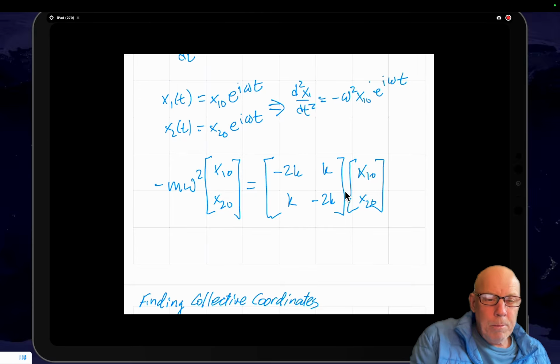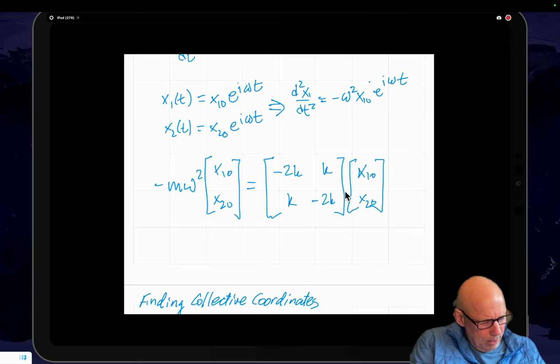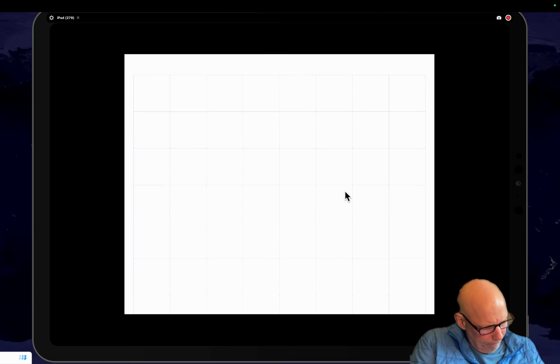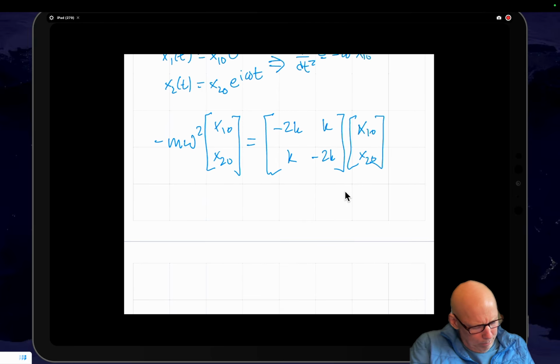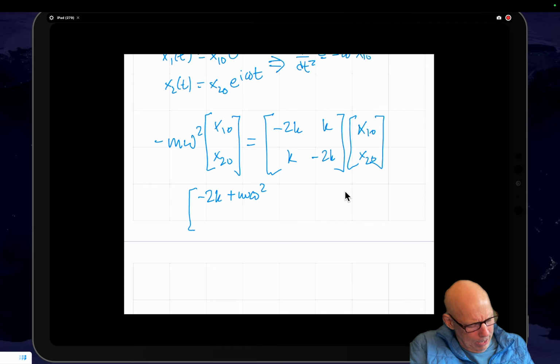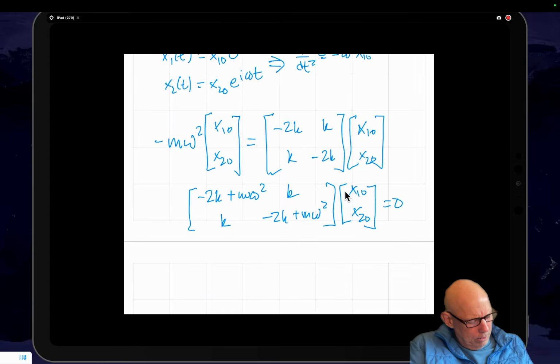In other words, the e to the i omega t has actually canceled out of the problem, and so what I'm left with is essentially minus 2k plus m omega squared, and k, and k, and minus 2k plus m omega squared acting on (x1 naught, x2 naught) is equal to 0.